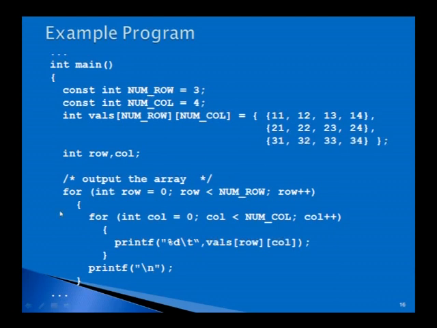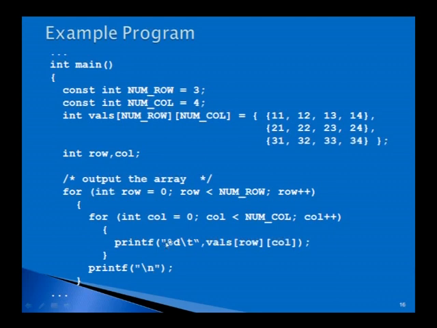So, that is why we have for int row is equal to 0, we are talking about the 0th row or the first row, and we are saying int column is equal to 0, column less than num column, column plus plus. When you have a nested loop, the inner loop is going to be executed first, exhaustively, and then we come back to the outer loop.